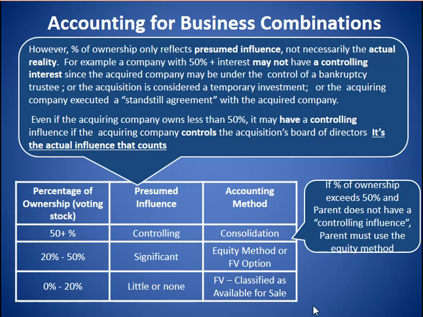One other thing we need to insert in this percentage of interest table: if the ownership interest of voting stock exceeds 50%, but the parent does not have a controlling influence on the sub, the parent must use the equity method of accounting.